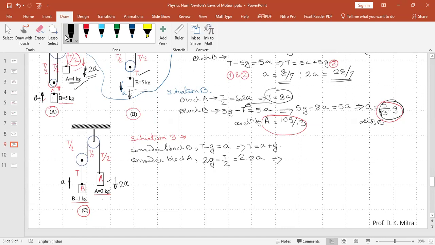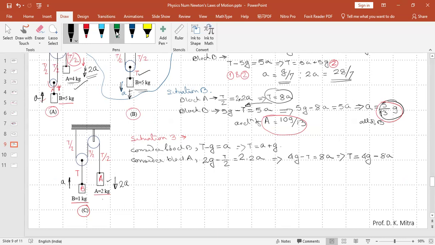From here we find T equal to 4g minus 8A.